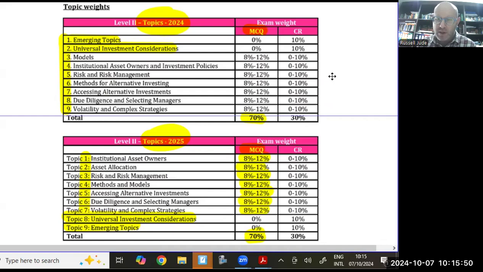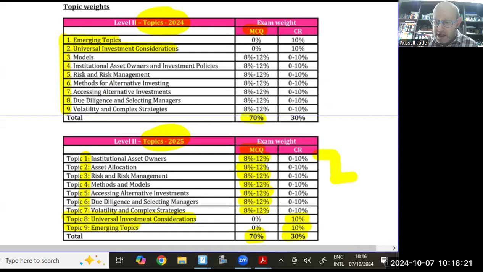What do you notice? We notice that for the first 7 topics, guaranteed you're going to get multiple choice questions from those. What do we notice then when we look at topic 8 and topic 9, which used to be topic 1 and topic 2? That is where your constructed response section is coming from. Remember we said there's going to be 3 questions worth 10% each, 30%. 10% coming from topic 8, universal investment considerations, guaranteed. Another 10% guaranteed coming from emerging topics, topic 9. The bit of a wild card, where is the other 10% question coming from?